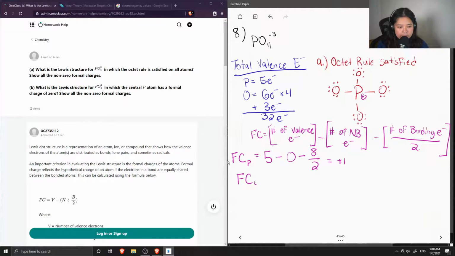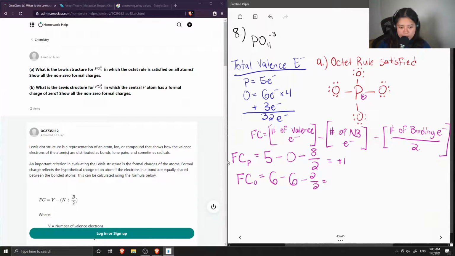And we only need to calculate the formal charge on one of the oxygen atoms since they are all the same. So oxygen has 6 valence electrons. The number of non-bonding electrons is also 6. And the number of bonding electrons is 2, since there's only one single bond attached.